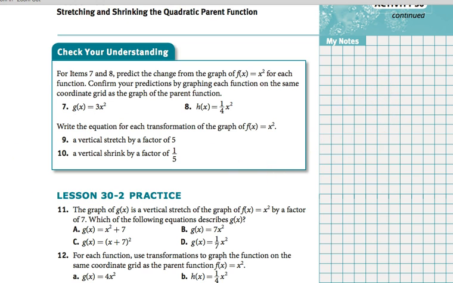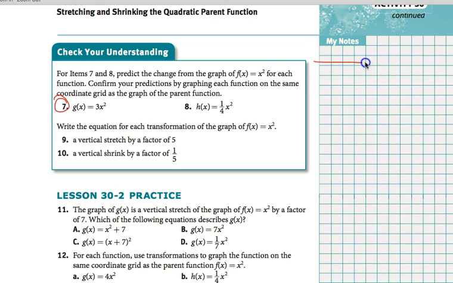All right, so now we're going to take a look at what our answer actually looks like. So we're going to do number 7 in red over here. We're going to use the column of my notes to graph these.